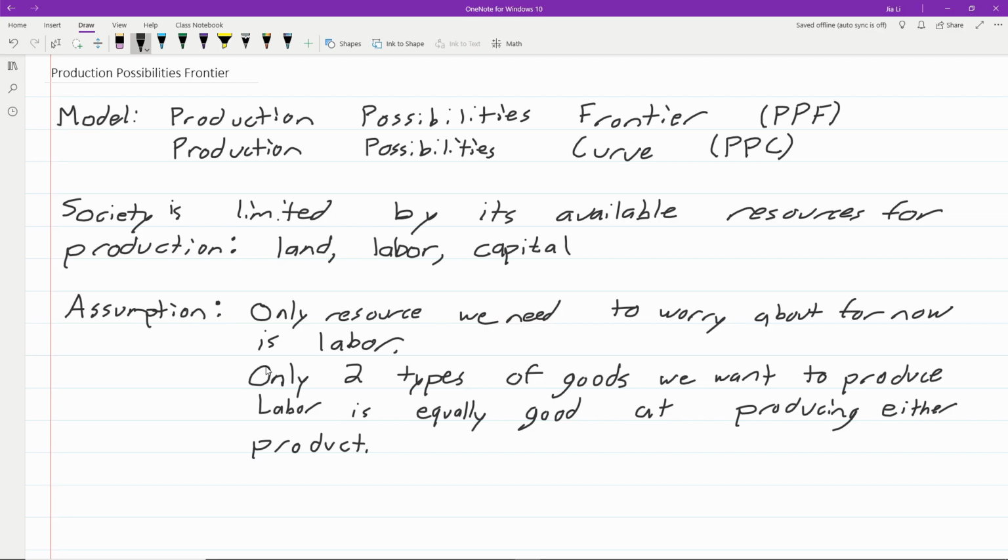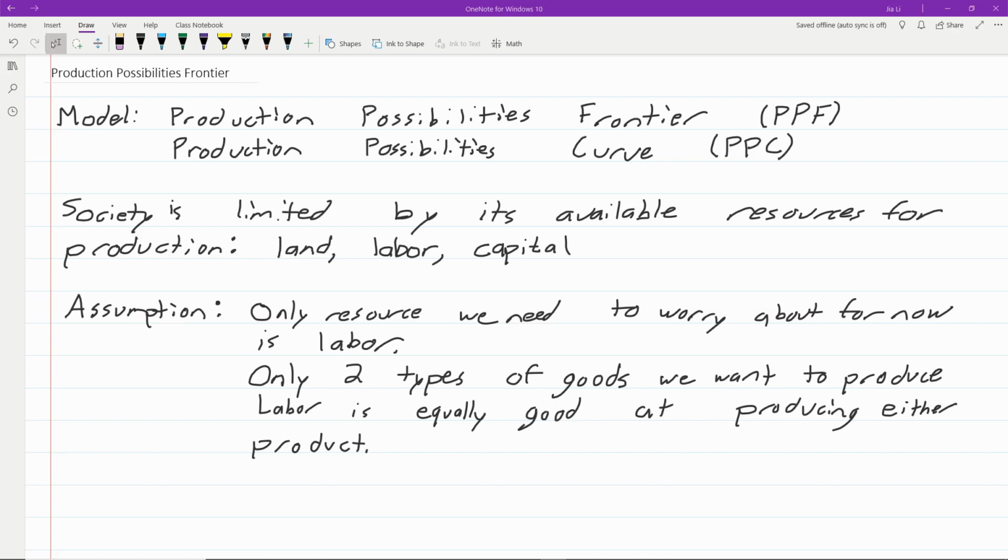So in practice, we know different people have different skills and knowledge, which makes some people better at doing certain types of jobs, making certain types of products compared to others.